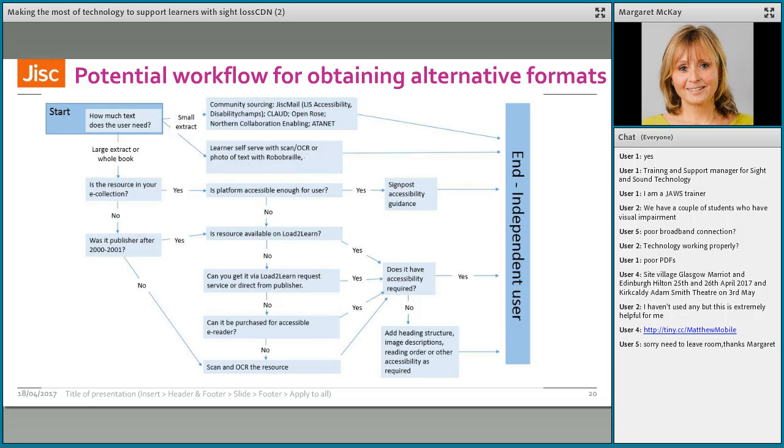The more recent copyright legislation recognises the time and money that institutions have spent adapting inaccessible versions. So if something is not available in its original format in an accessible way, people can create what they call intermediate copies. Very often those intermediate copies can then be shared using, for example, RNIB Bookshare.